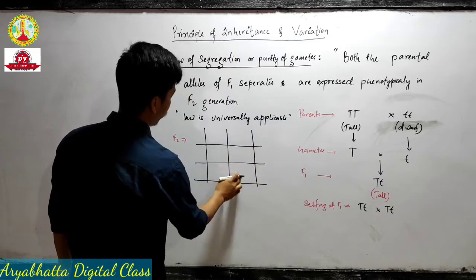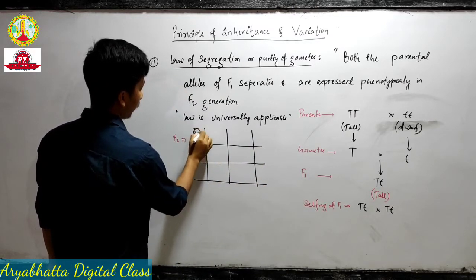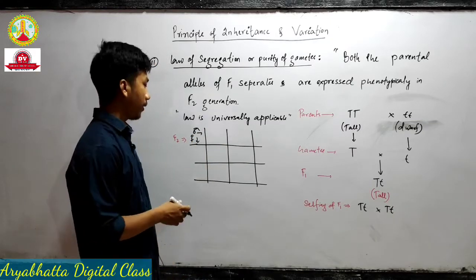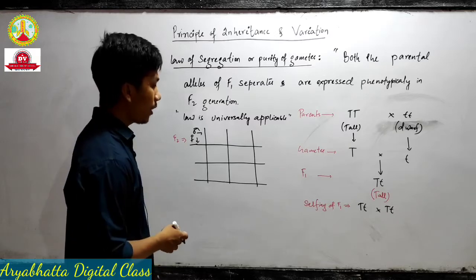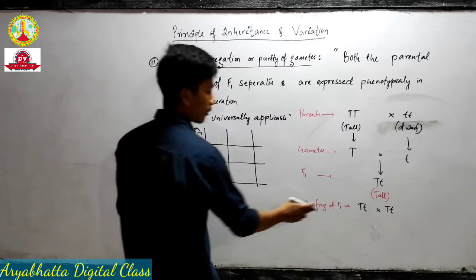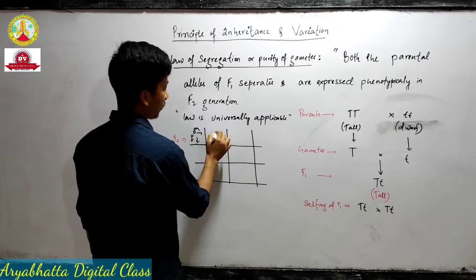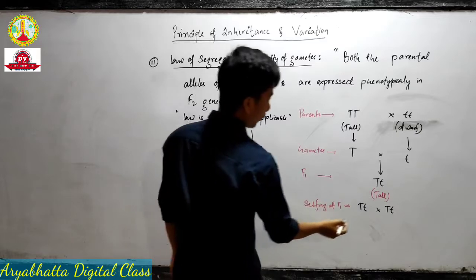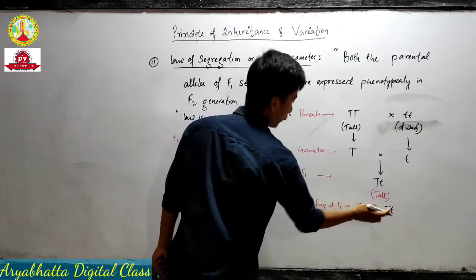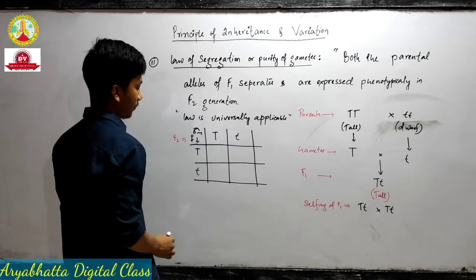Male characters we write at the top and female characters below. So first we have this character, capital T and small t here, and the female we have this character, capital T and small t.